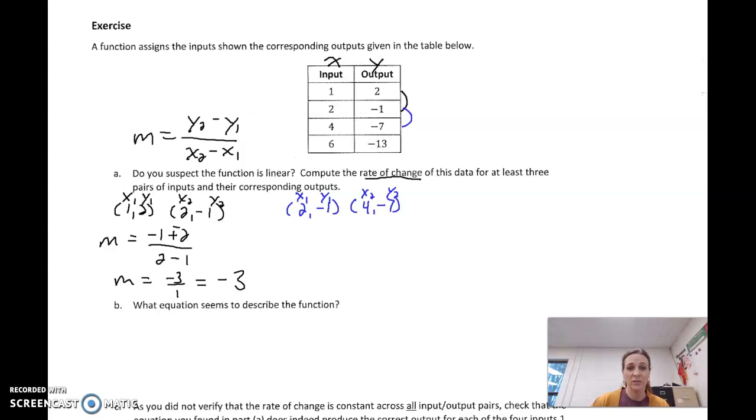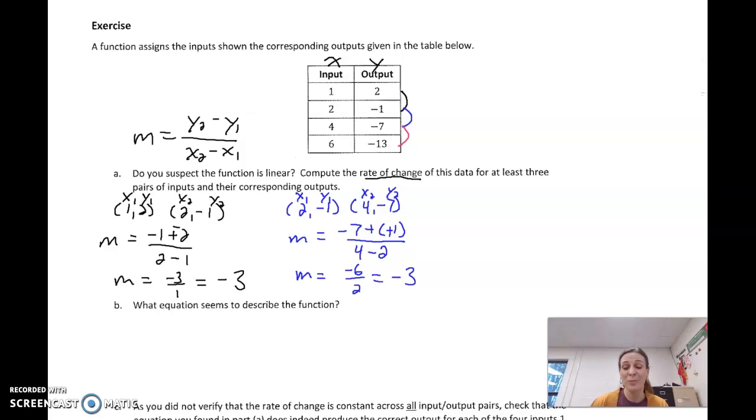Throw it into the formula: negative 7 minus negative 1 over x sub 2 minus x sub 1, 4 minus 2. Keep, change: subtracting is the same thing as adding the opposite. Negative 7 plus 1 is negative 6. 4 minus 2 is 2. Negative 6 divided by 2 is negative 3. Looking good. It said try at least 3, so let's do these 3.